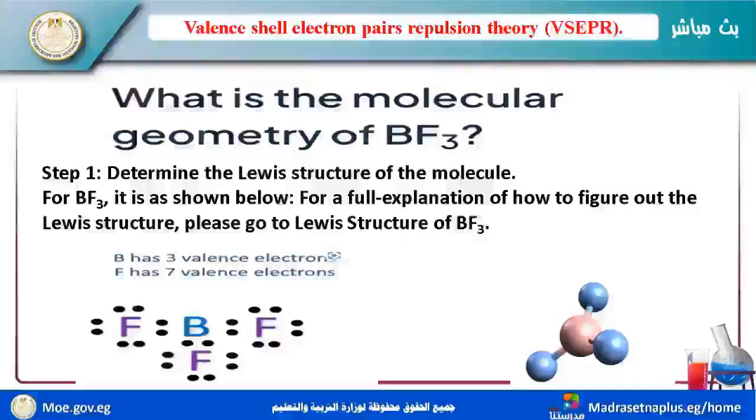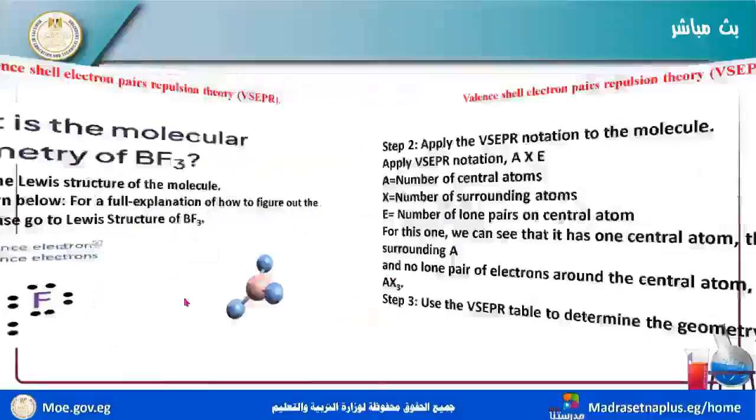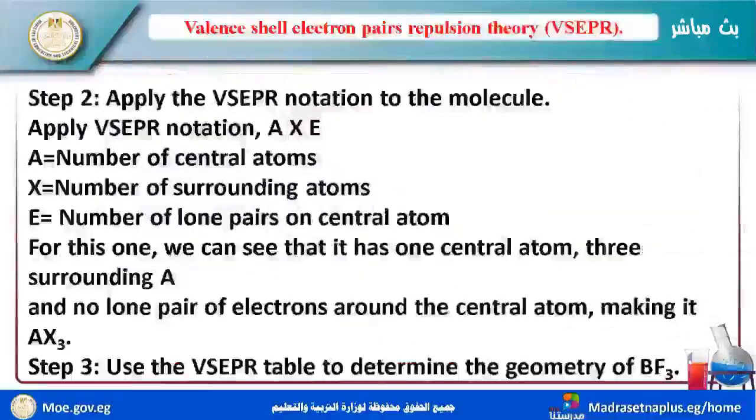Now we have 3 valence electrons for boron, and fluorine, each one equals 7. Apply the VSEPR notation AXE to the molecule. A is the number of central atoms, X is the number of surrounding atoms, E is the number of lone pairs on the central atom.